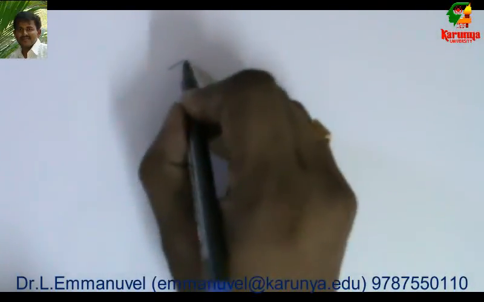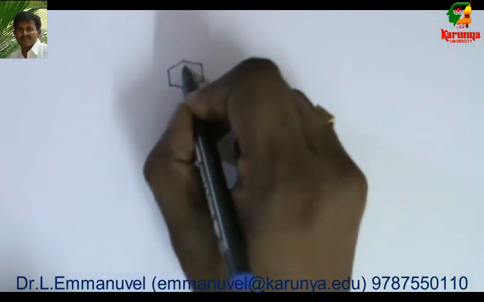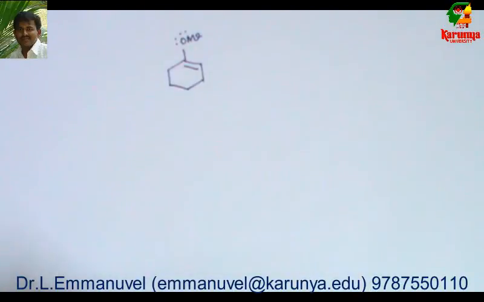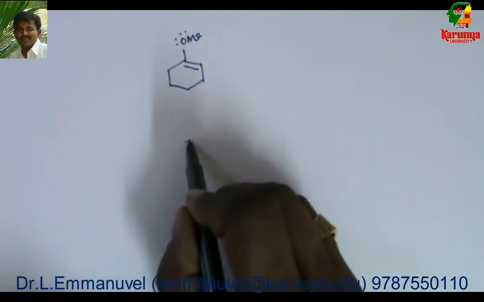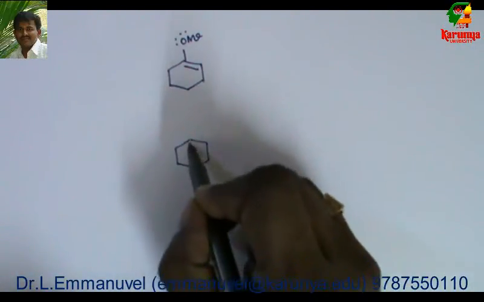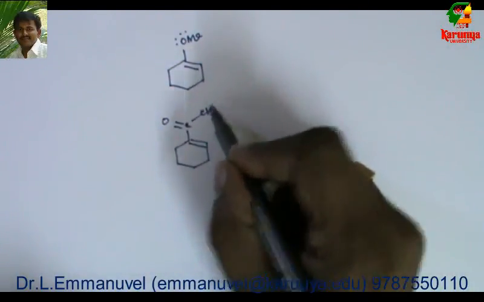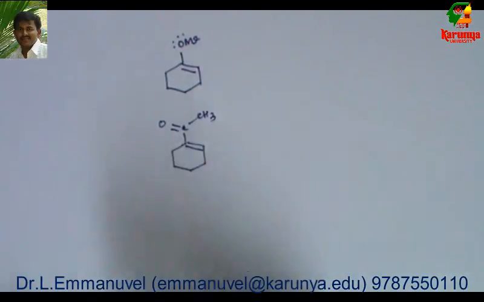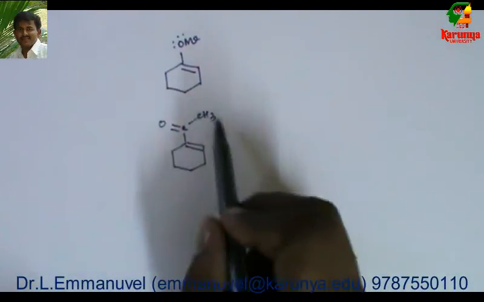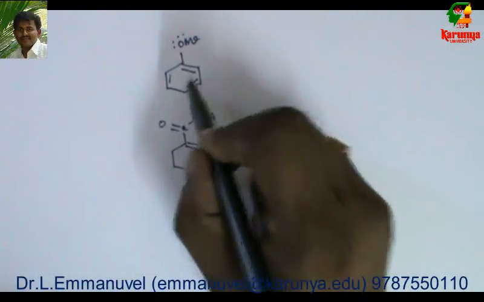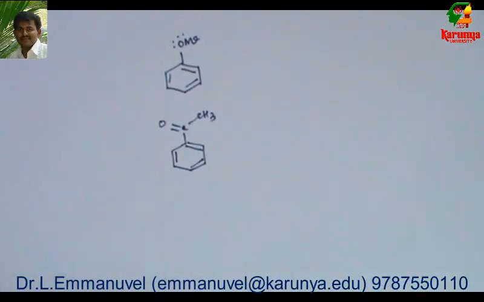The same concept can be applied to an aromatic ring also. I go for this. Now you can compare this part with whatever I have shown earlier. Now I just add two more double bonds.